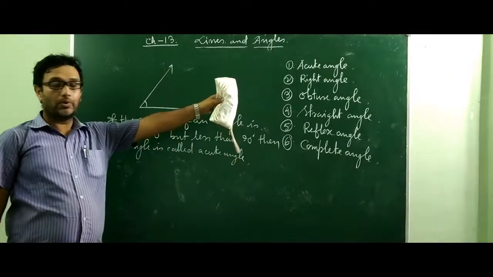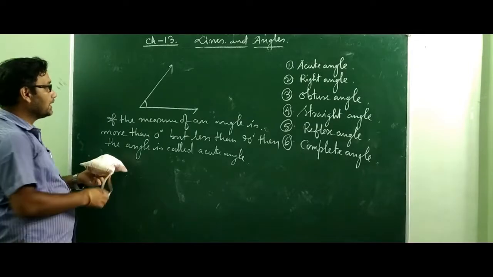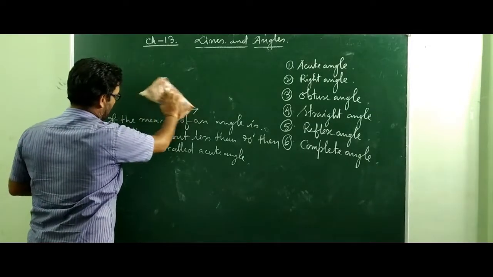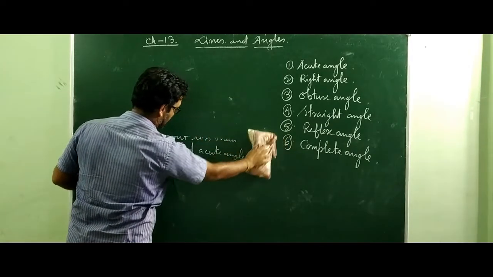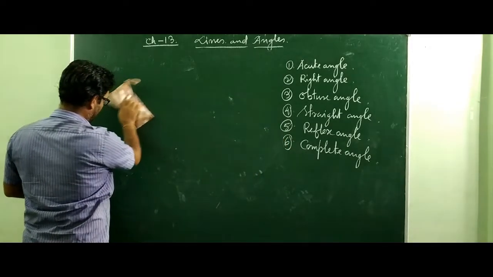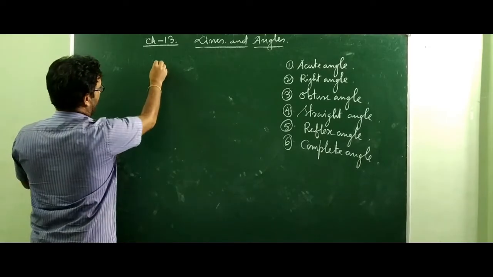Then will come right angle. Right angle means what? If the measure of an angle is 90 degree, then the angle is called right angle. The diagram will be like this.